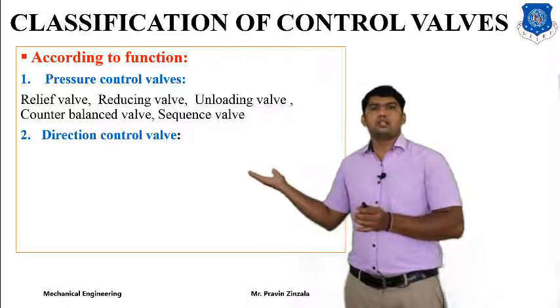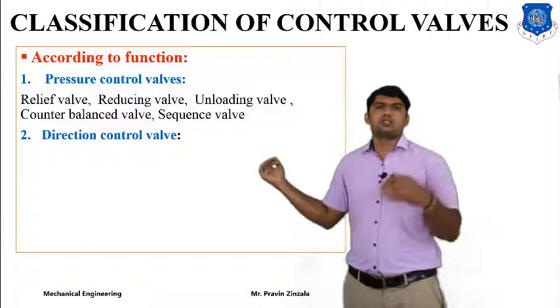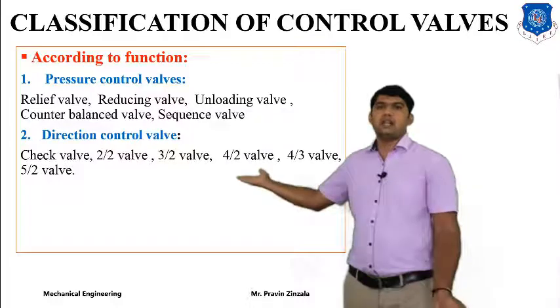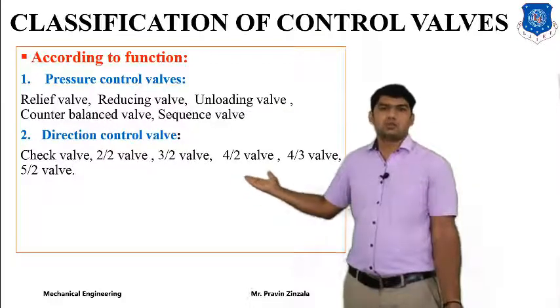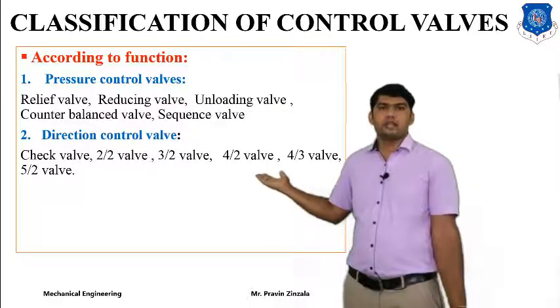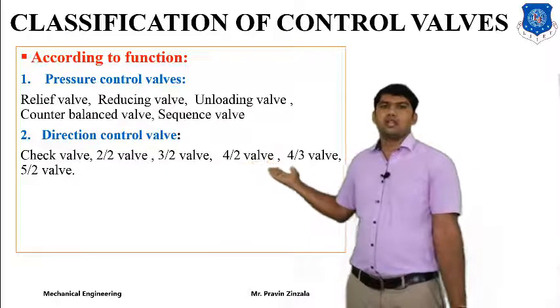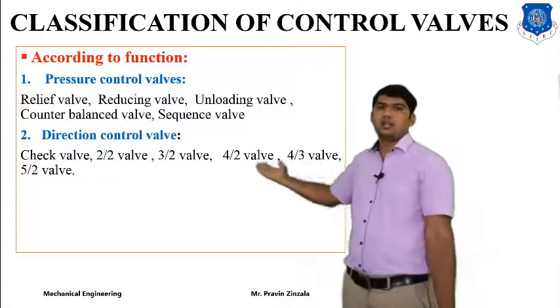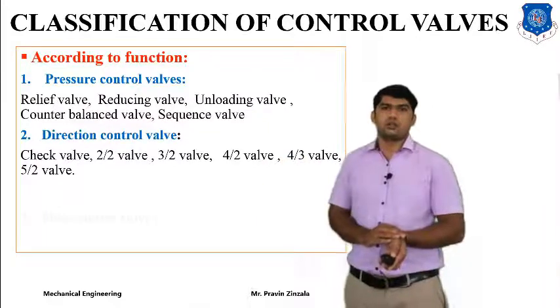So we have to utilize the direction control valve to supply fluid in different directions. Examples of direction control valves are the check valve, 2x2, 3x2, 4x2, 4x3 and 5x2 direction control valves.